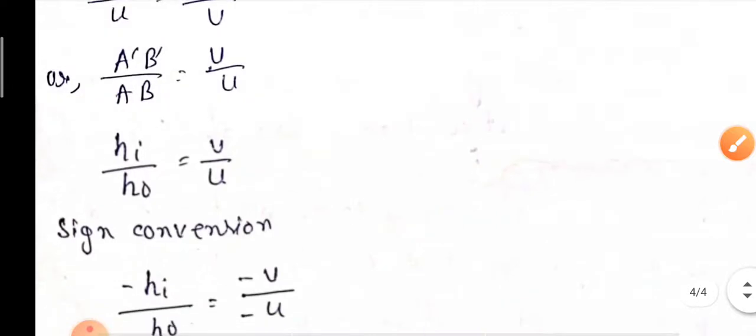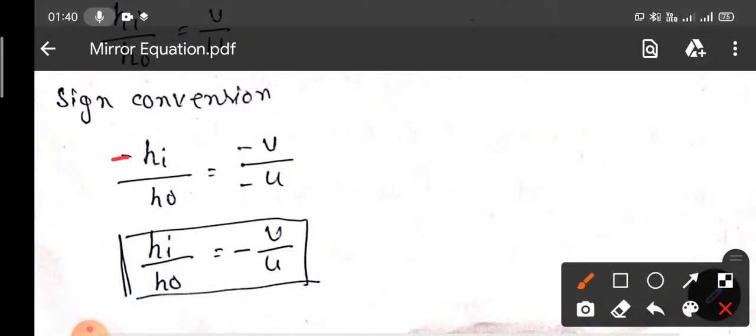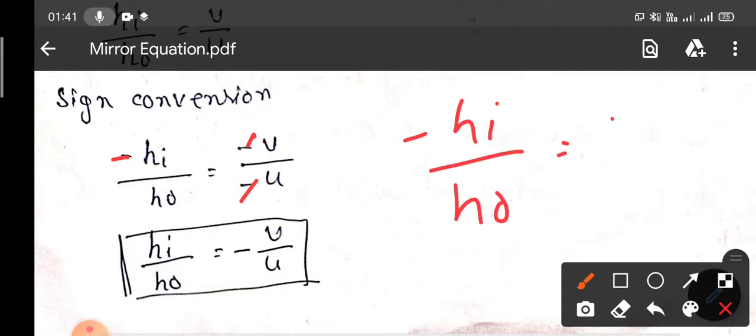After putting the sign convention, in place of hi we have written minus hi, in place of u minus u, and in place of v minus v. Now this minus will cancel, so the equation becomes minus hi by ho is equal to v by u.